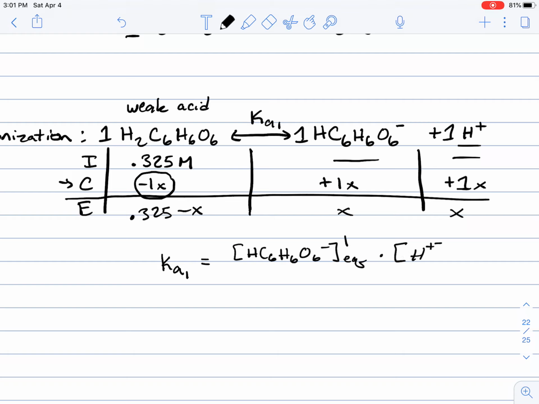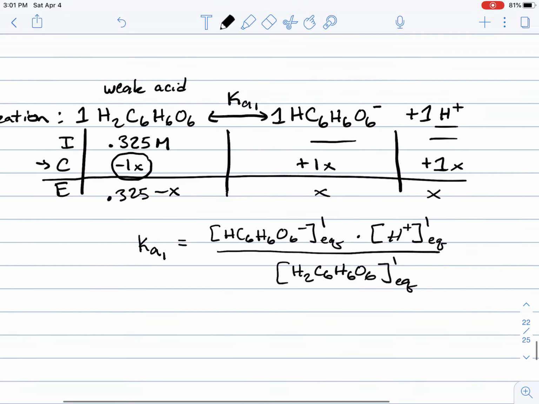And hydrogen ion is once again raised to the first power because its coefficient is 1. And this is going to be divided by ascorbic acid. So this is H2C6H6O6, raised to the first power because its coefficient is 1.